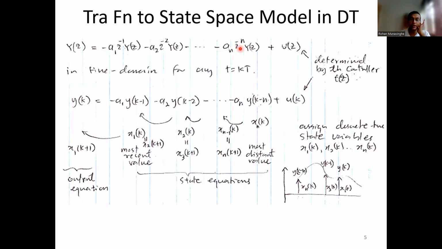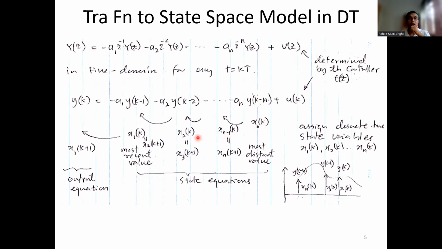So you keep assigning state variables starting with the oldest one, y(k minus n). This is assigned xn(k), and you work out backwards, xn minus 1, xn minus 2, like that.